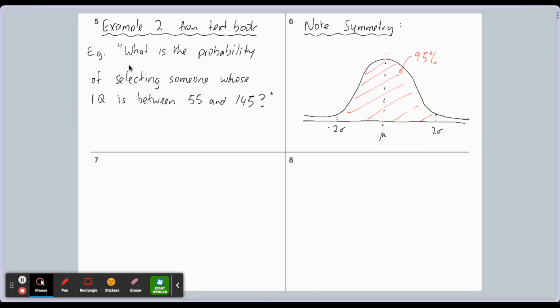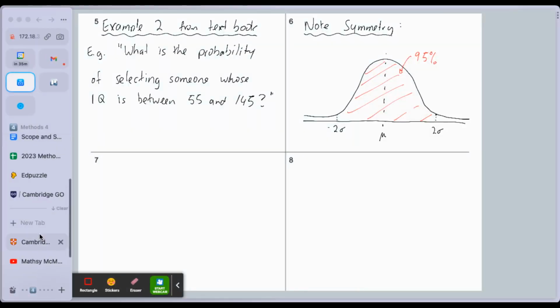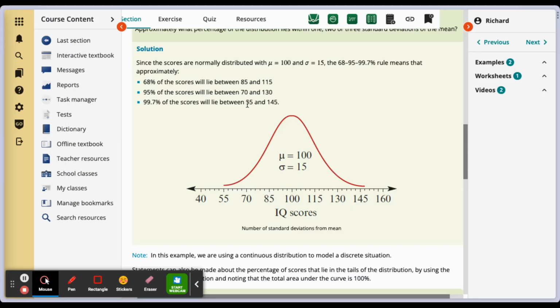In terms of a probability, guys, it'd be like, what is the probability of selecting someone whose IQ is between 55 and 145? Okay, so from the textbook there, we could see that 55 and 145 is 99.7%. It's 3 standard deviations away.